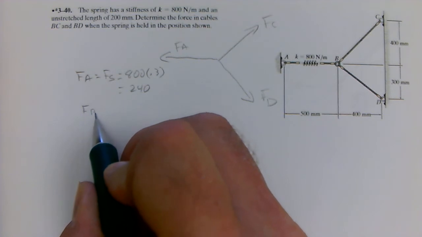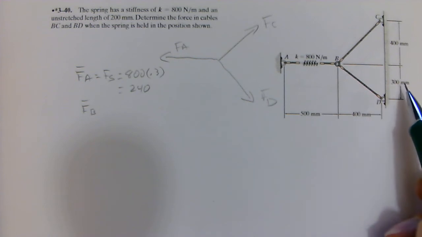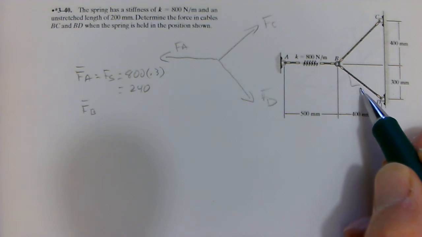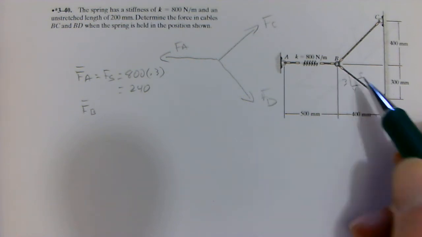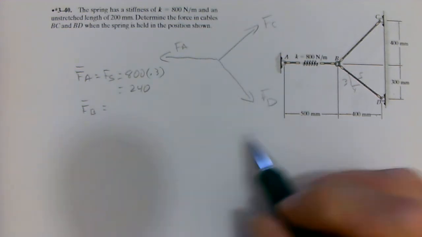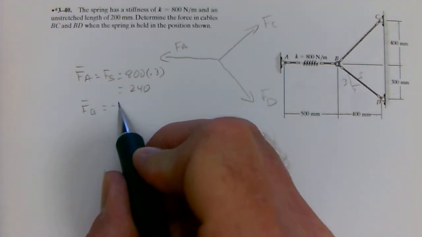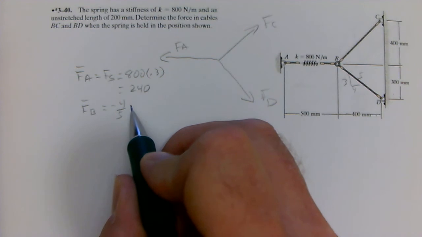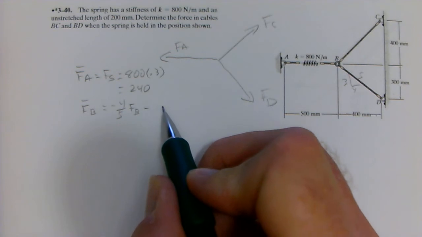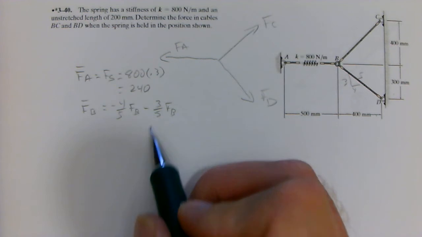FB: this is a 300, this is a 400, so this is a 3, 4, 5 triangle. So FB is going to be in the X direction -4/5 FB, and in the Y direction -3/5 FB, or 0.8 and 0.6.